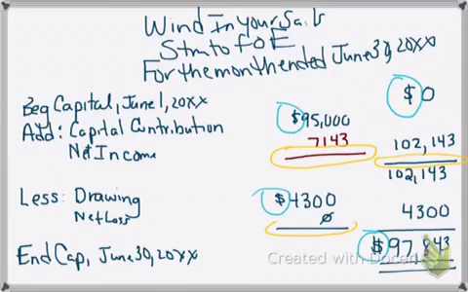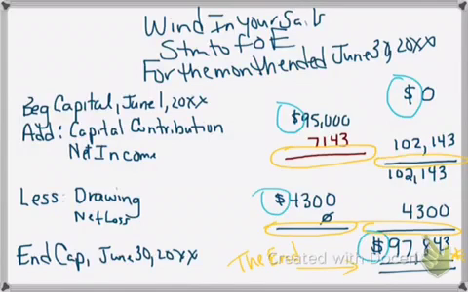Here, we're adding the things above that line. Here, we're doing subtraction. And then we get to the double underline, and remember, that means the end. We're done with this particular statement. This balance that you see right here will move forward to our balance sheet.